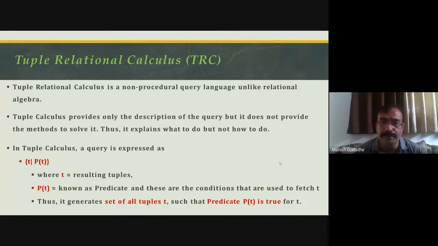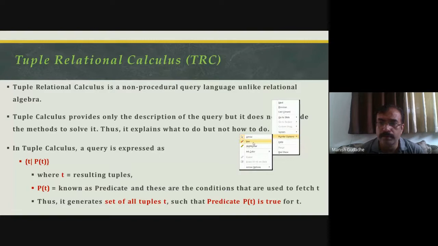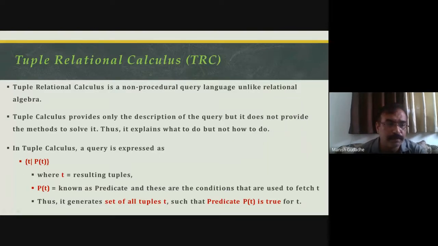The basic format of tuple relational calculus will be something like this, where T is the resulting tuple such that, this bar is representing such that. Result the tuples T such that the predicate P is true on them. So P is called the predicate. These are the conditions that are used to fetch T.